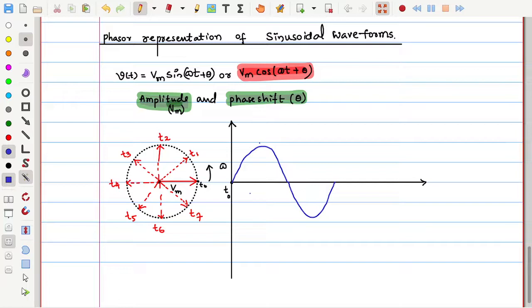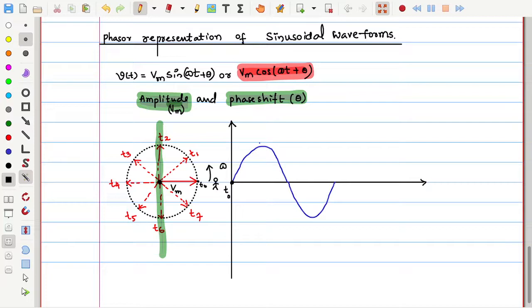Now consider this as the vertical plane, equivalent to the y-axis. If I take the projection from here onto the vertical plane, it looks like the midday shadow. How much is your shadow? It is located at the origin, meaning zero value.